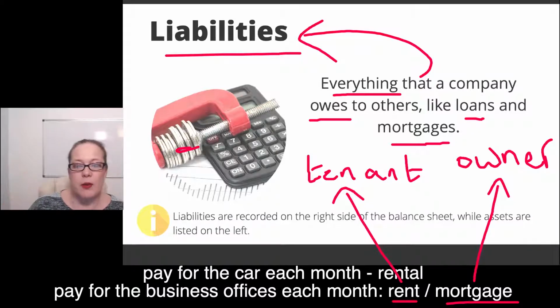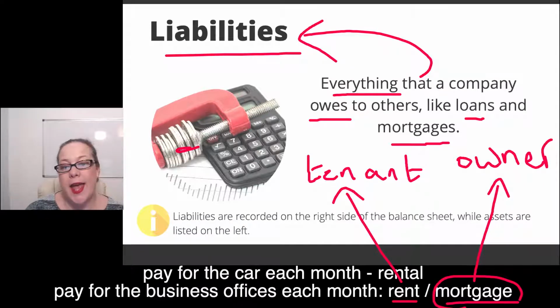Maybe it's a restaurant, maybe it's a business offices. But you borrowed money from the bank to buy it. And then you pay that back to the bank every single month. So until you pay off all your mortgage, technically the bank still own the property. But that's the difference between a tenant, rent and a mortgage.